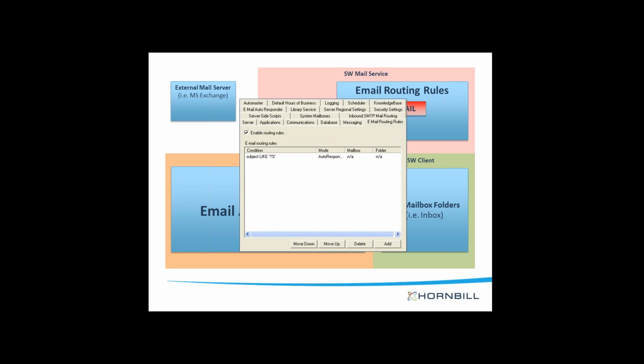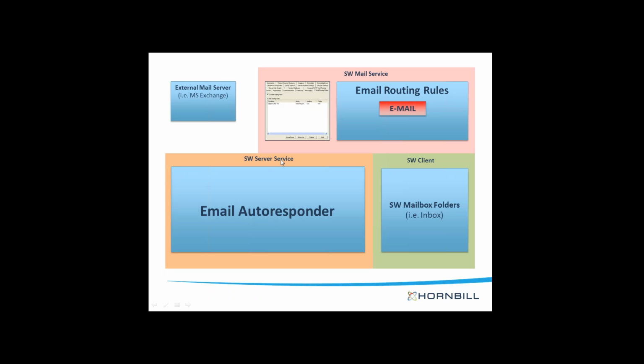Email routing rules is a server service configuration tool, and obviously you have an option to enable it and specify various conditions and rules, and depending on those rules we can take various actions. Basically, with email routing rules, you can specify two actions.